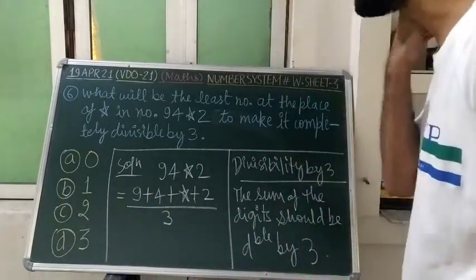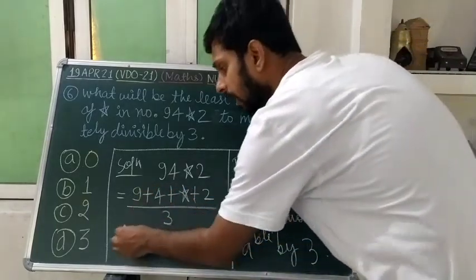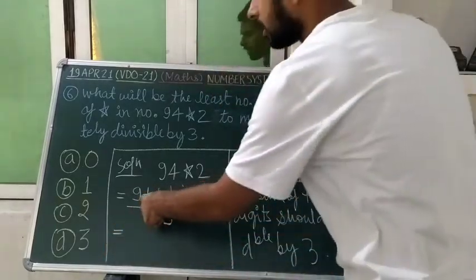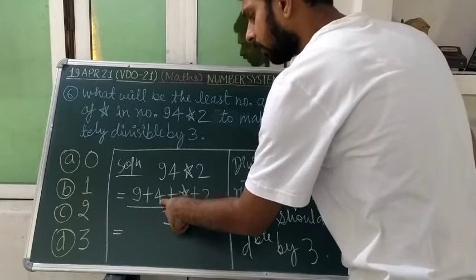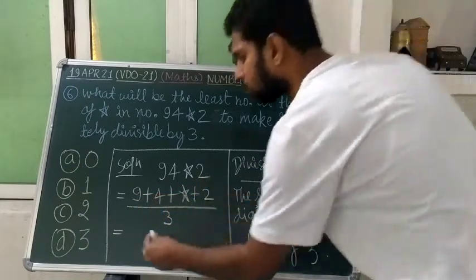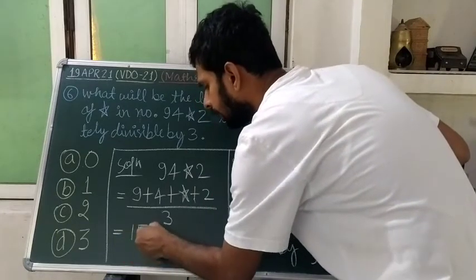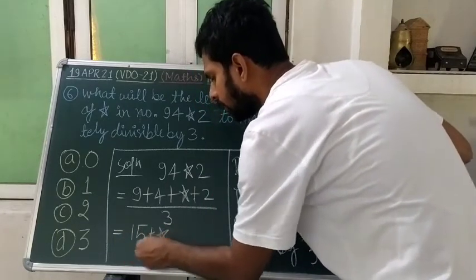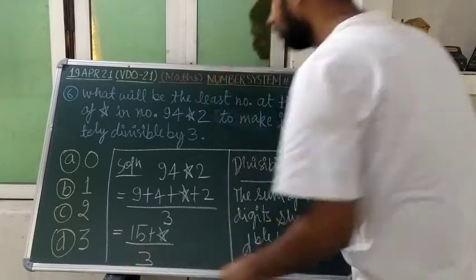The class I have given to you. When you add 9 plus 4, 13, star we can't add, so 13 plus 2, 15. So it will become 15 plus star divided by 3.